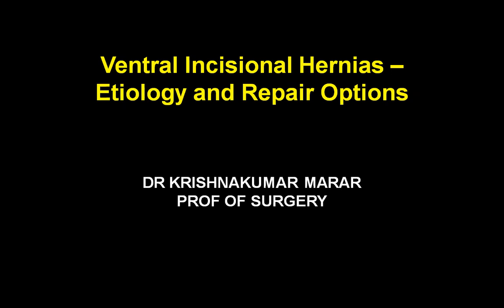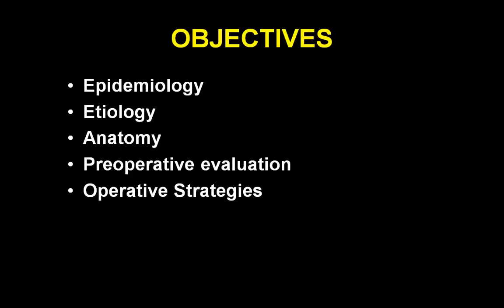It's a surgery that is not that easy to be done, and it needs a lot of expertise, understanding of the anatomy, physiology, and the technical processes involved in the repair of incisional hernias. Now, what are the objectives of study in the case of incisional hernias? First, you should know a bit about the epidemiology and etiology.